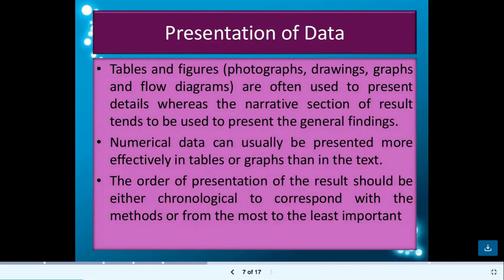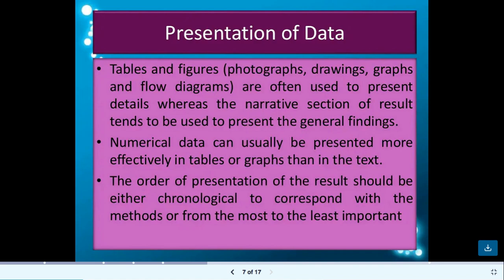I repeat, the narrative section of result tends to be used to present the general findings. Numerical data can usually be presented more effectively in tables or graphs than in the text because it helps the reader understand the findings.